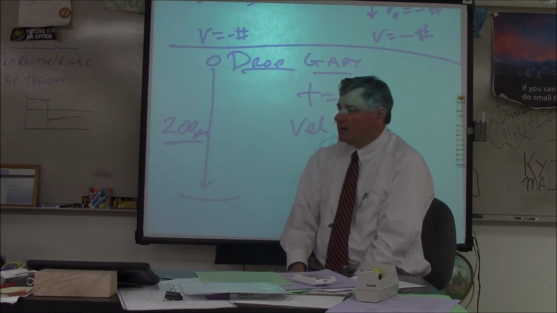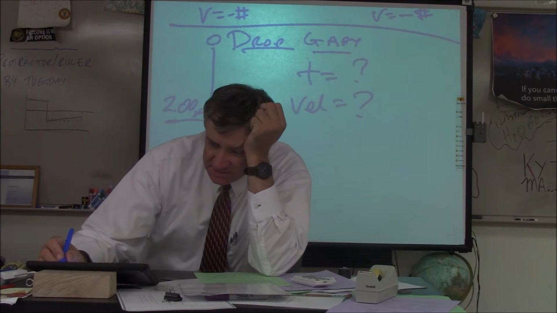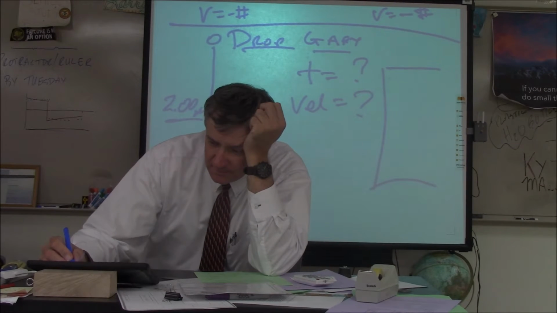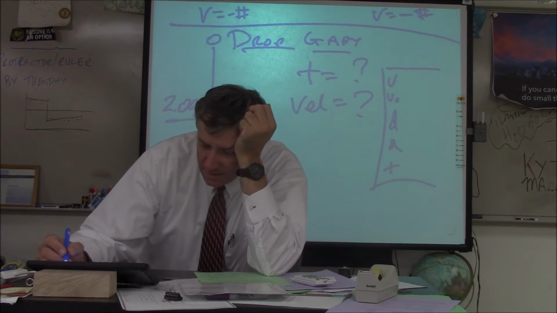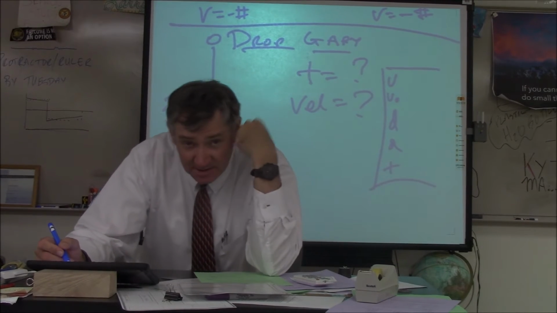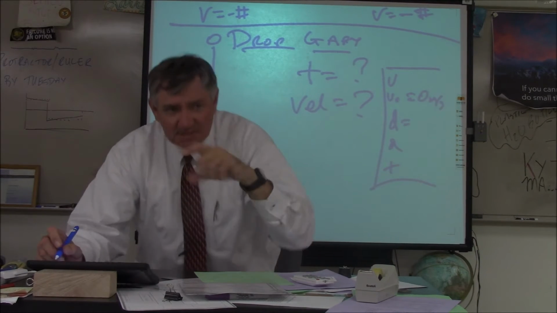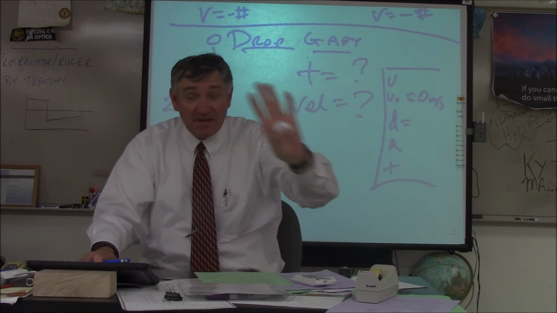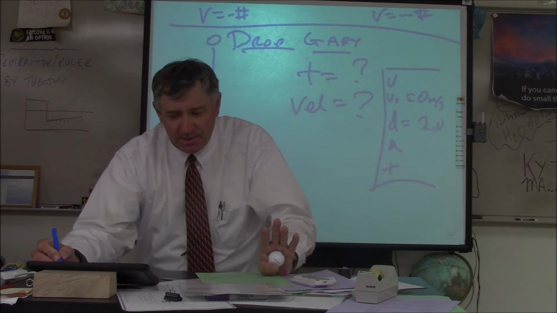Okay? So if you look at VDAT, which is just fun to say, V naught, DAT. So I'm going to drop Gary, so what's my initial velocity? 0. Okay? Now, for my distance, for now, listen to me, for now, I'm going to let that distance be 2 meters.